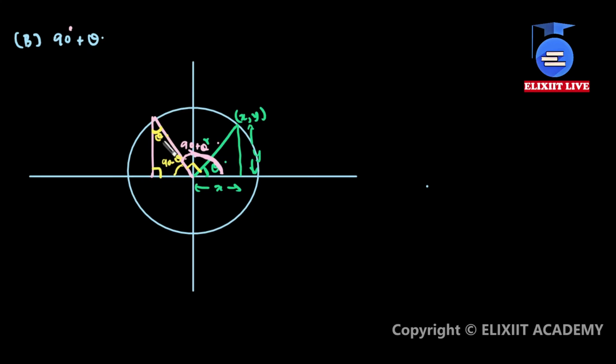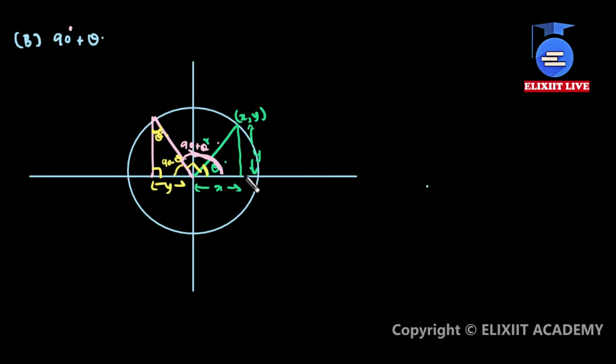Anyways, simple idea. Now for this theta, again we have ASA congruency. ASA congruency means in front of theta, if this is theta for this triangle, then the front side is what? Front side is y. So if this is theta, automatically this front side will be y.